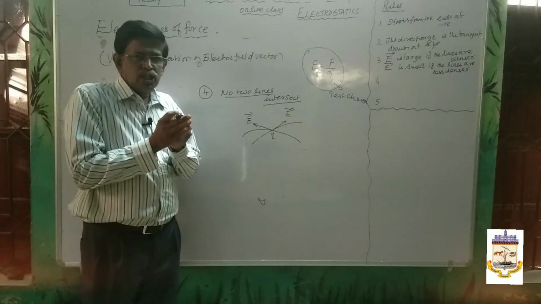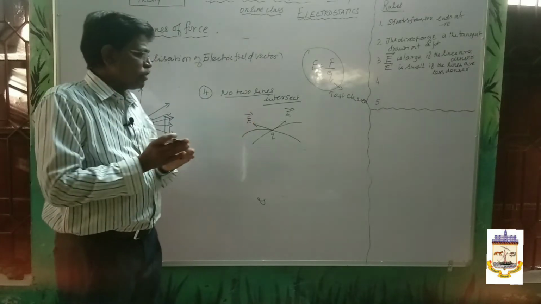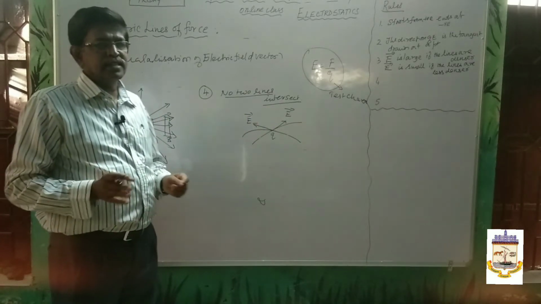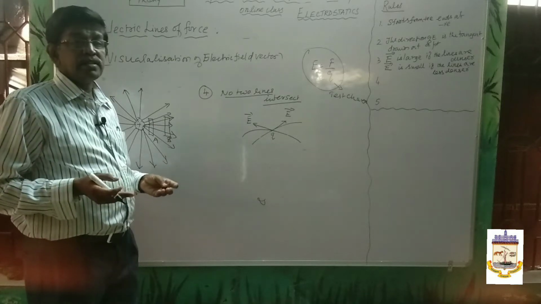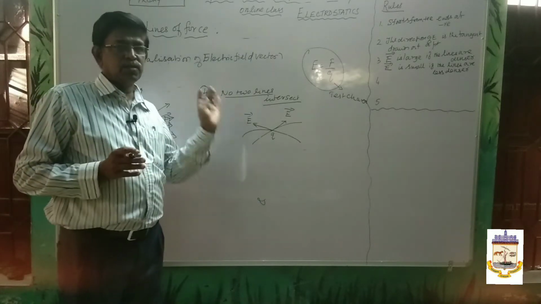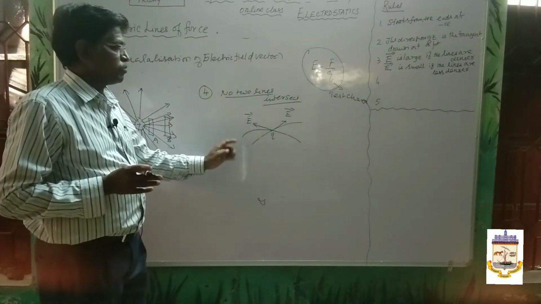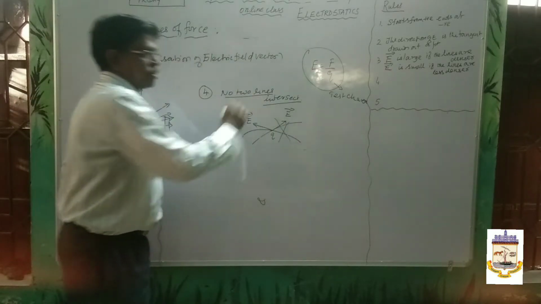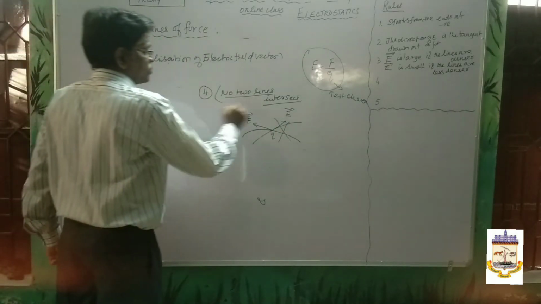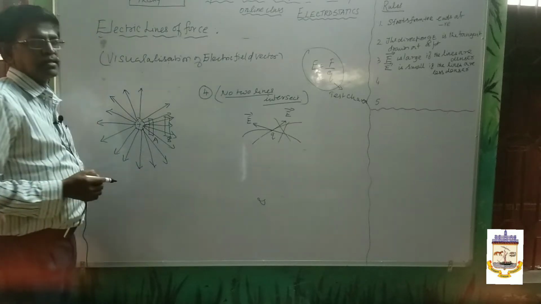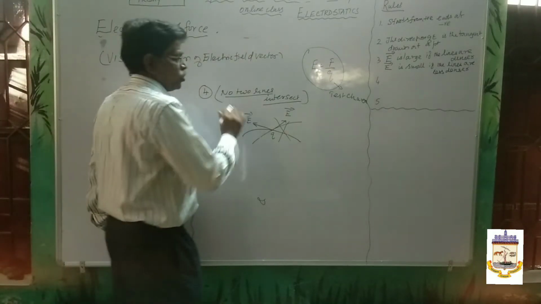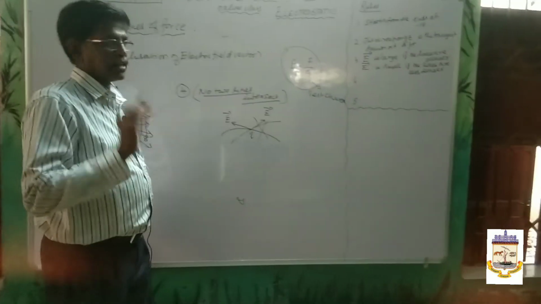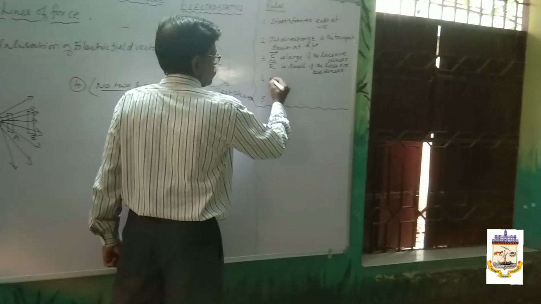So on the charge, at the same time, two different forces are acting in different directions. Then this is not possible. If this is not possible, the entire thing is not possible. So we can say no two lines intersect each other. So this is the rule number 4.